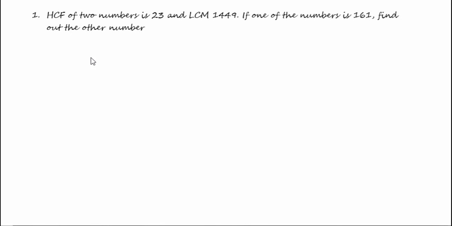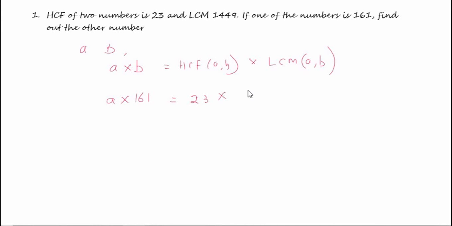We know if the numbers are A and B, then A into B is HCF of A comma B into LCM of A comma B. We know only one number, so let us say we don't know A, so A into 161 is equal to HCF 23 into LCM 1449.